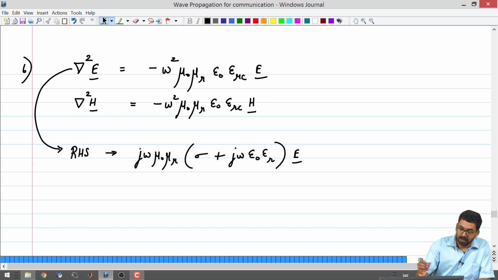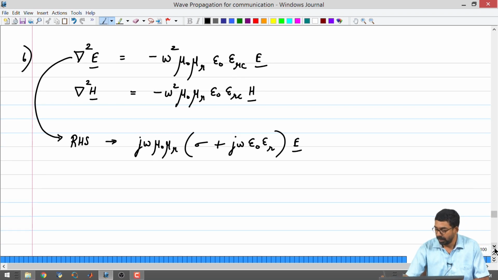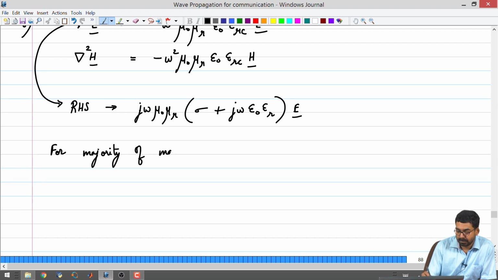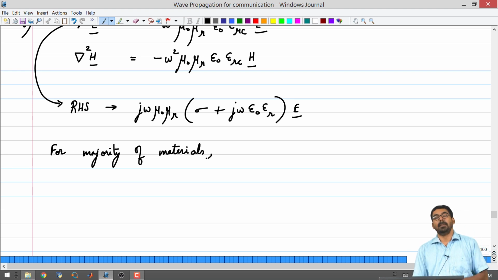Okay. Now, we can also look at the equation again and say that for the majority of materials, it is safe to assume that the materials do not have any relative permeability greater than air.